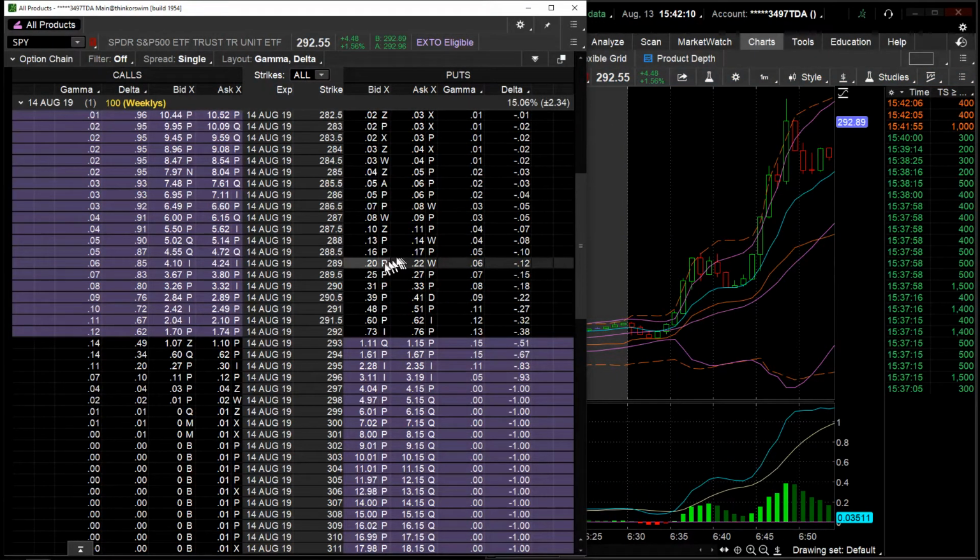Usually, for example, let's see here, we can see the 289 strike price. The ask price is at 22 cents. Today's gamma was around 11 cents. So when the gamma is below 50%, 11 cents is right around 50%, we have to hold even longer.